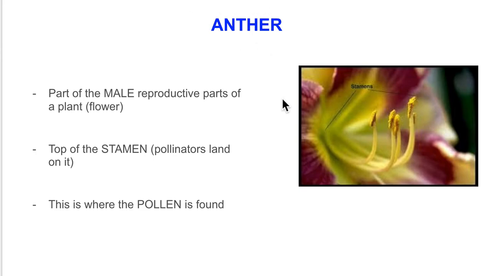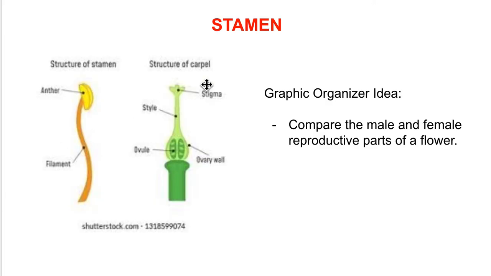So the anther is the end of that stamen. So these right here are the anthers. And this is where the pollinator lands on. This is where the pollen's located. And I didn't change it, but this should be another anther right here. Compare the male and female reproductive parts. So same thing. All right, so that's basically the reproductive parts.